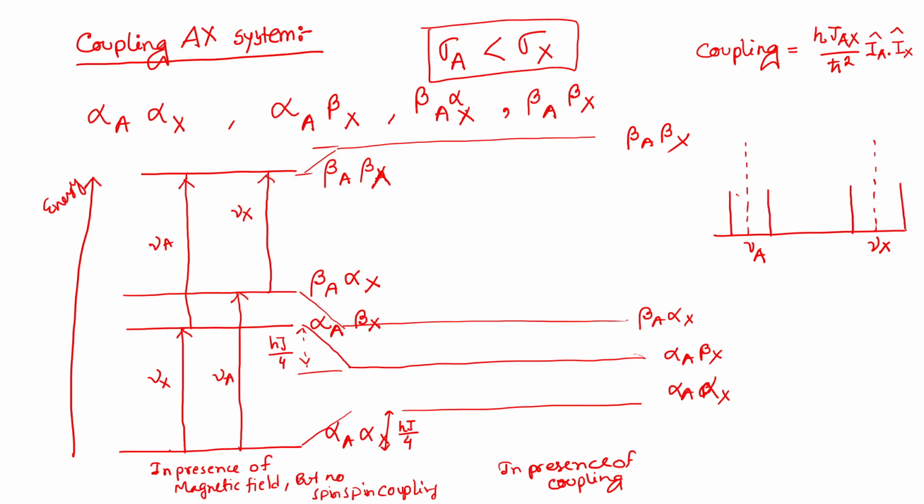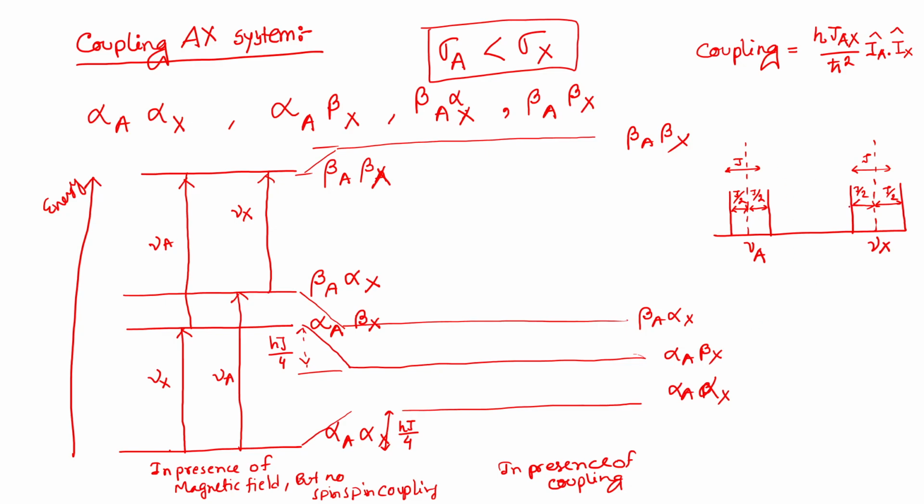We'll discuss it tomorrow. The gap between these would be J by 2, J by 2, J by 2, J by 2, and the overall gap is obviously J. So that is your coupling constant.